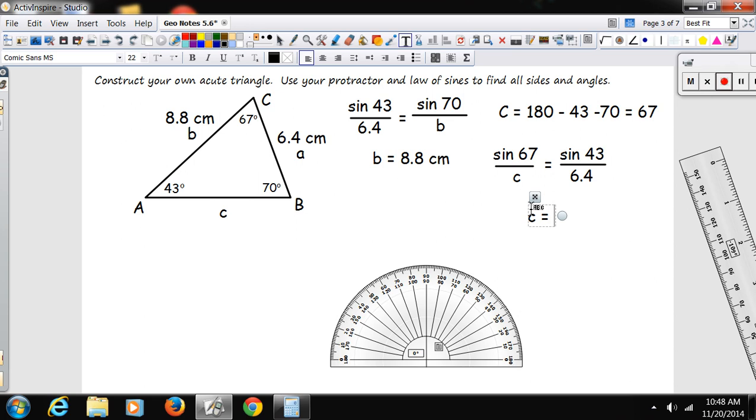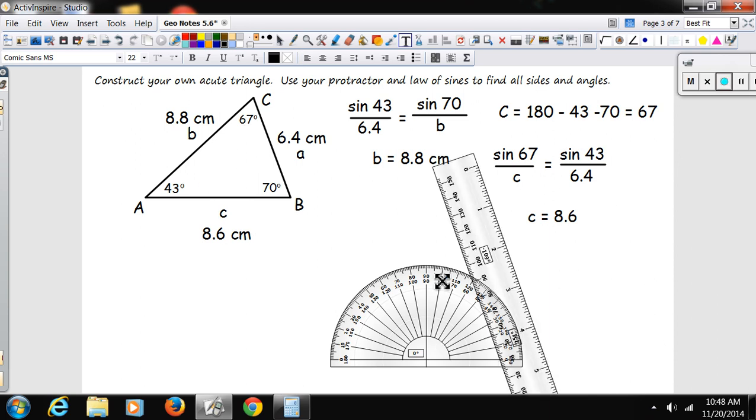And I got 8.6 centimeters. Now, that looks like it might be pretty good because it's a little smaller than B, and B is across from a bigger angle, but it's not much bigger. Only 3 degrees bigger, so this is only a little bit bigger on the sides. So that looks like it might be right.